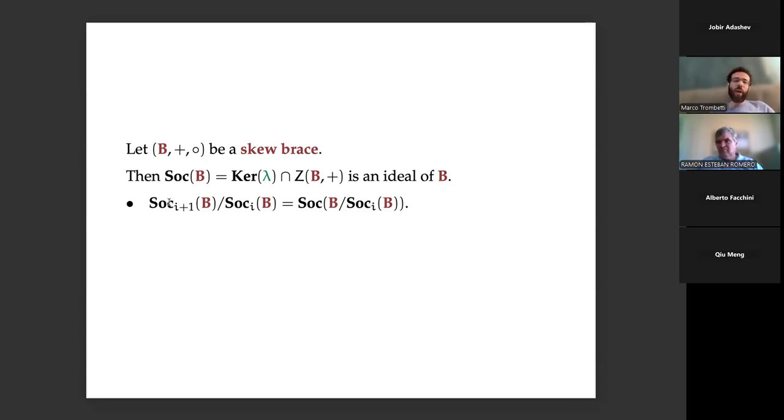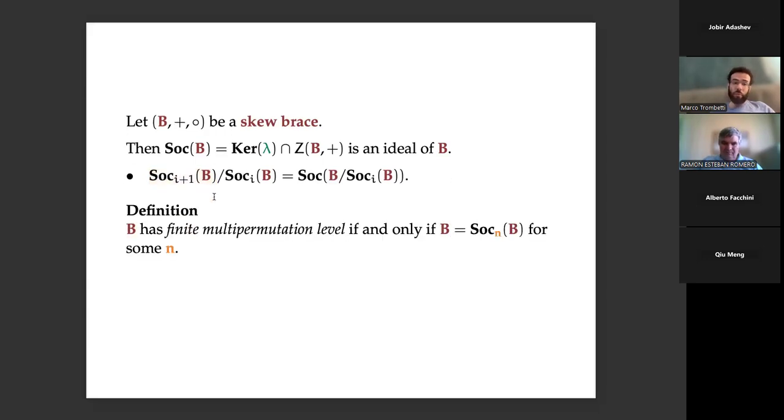And then you define the i plus one term of the socle series, of the upper socle series I will say, by recursion, by putting this stuff here. You want to define this numerator, and you just say, okay, take the socle of this quotient here, and by a well-known fact, you can write this as a sub-object of B. So this numerator is the ideal you are looking for.